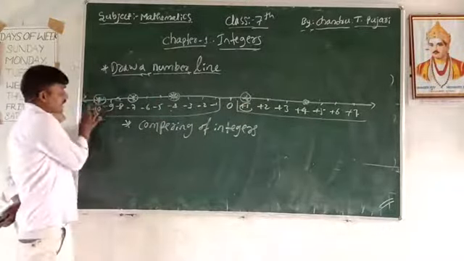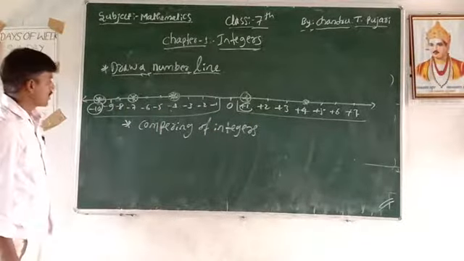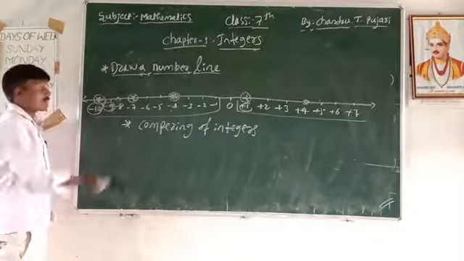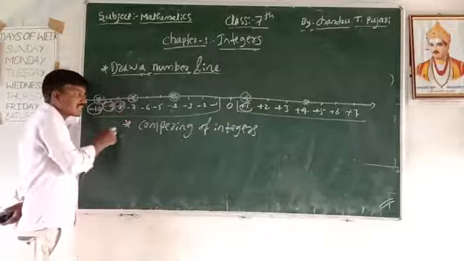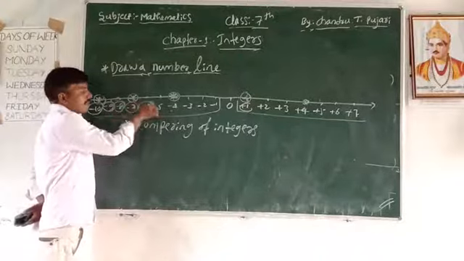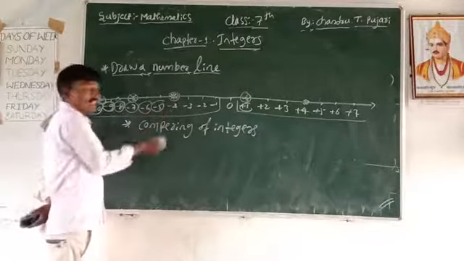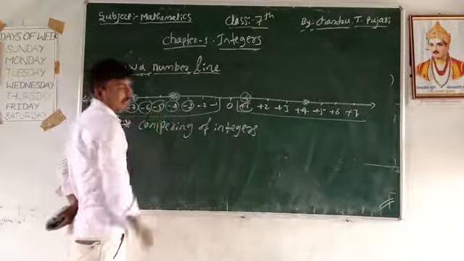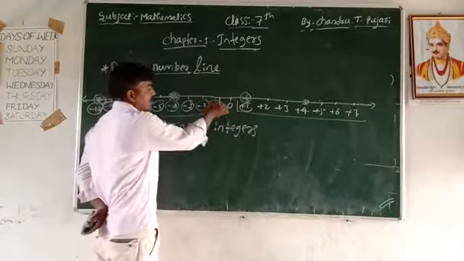But minus 10 is smaller than plus 1. And minus 10 is smaller than minus 9, minus 9 is smaller than minus 8, minus 8 is smaller than minus 7, minus 7 is smaller than minus 6, minus 6 is smaller than minus 5, minus 5 is smaller than minus 4, minus 4 is smaller than minus 3, minus 3 is smaller than minus 2, minus 2 is smaller than minus 1.